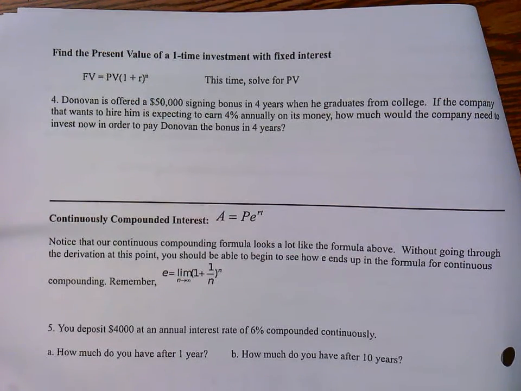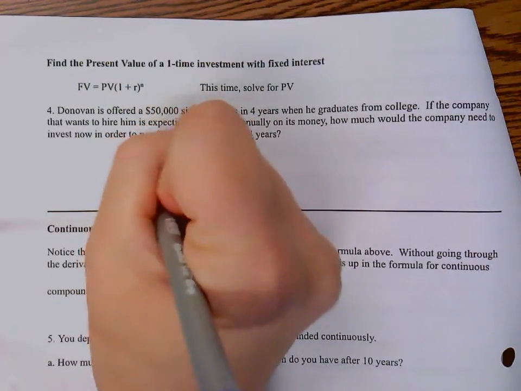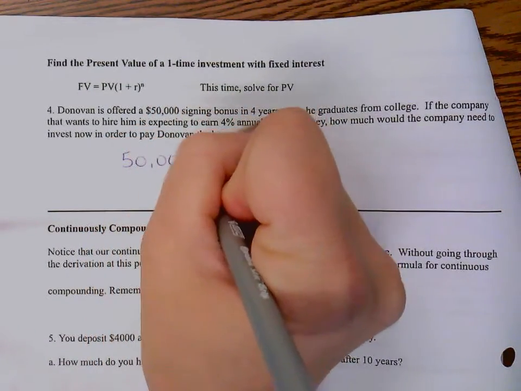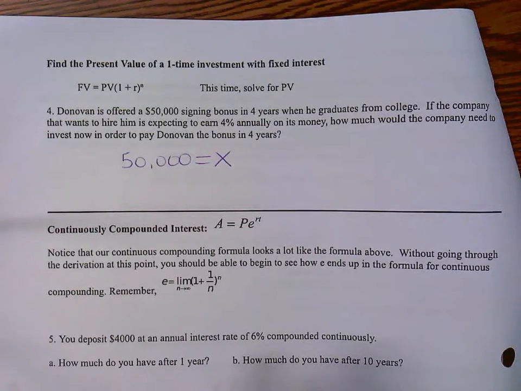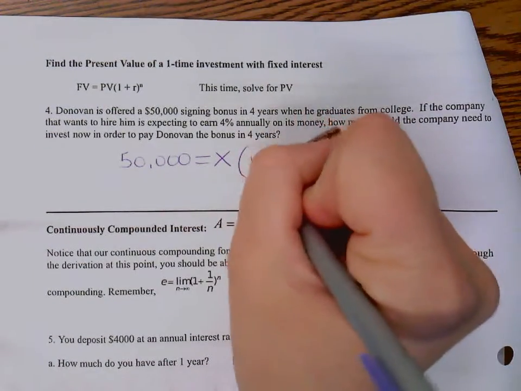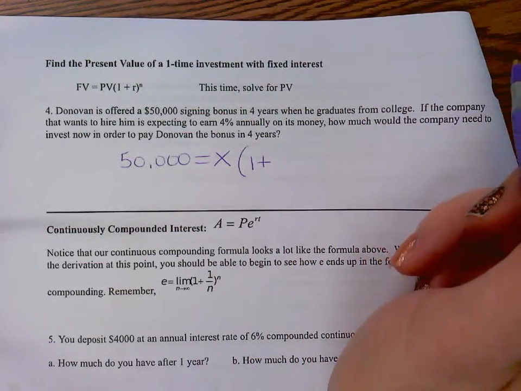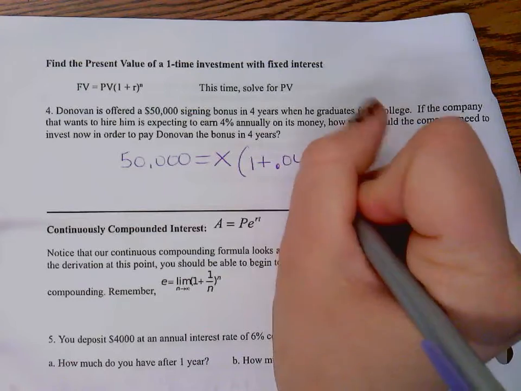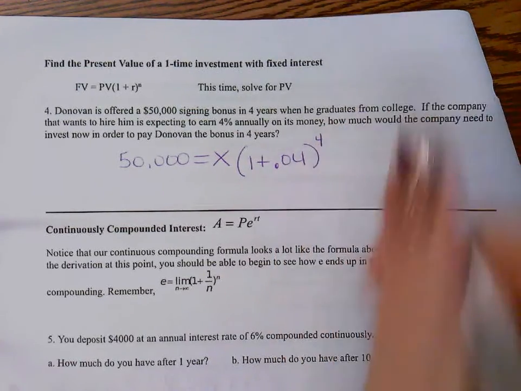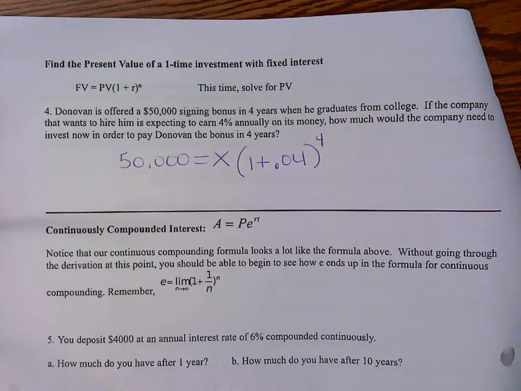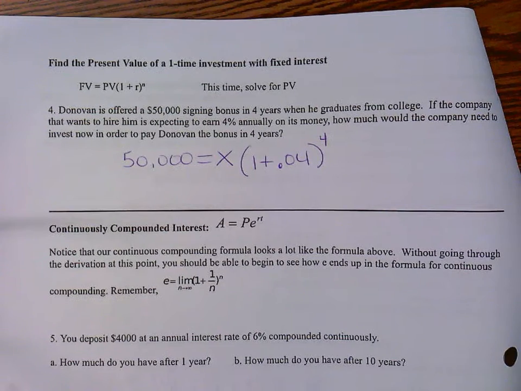We know that we want to get to 50,000, but we don't know how much to invest right now. And then we're getting 4% annually on its money, right? And we're doing it for 4 years. I don't have to divide by 1 if it's annually, just 0.04 is fine.